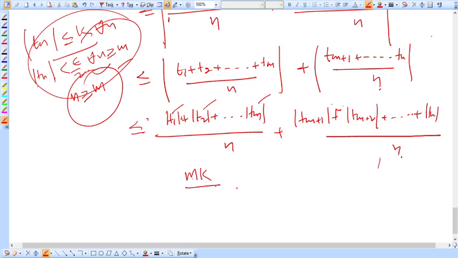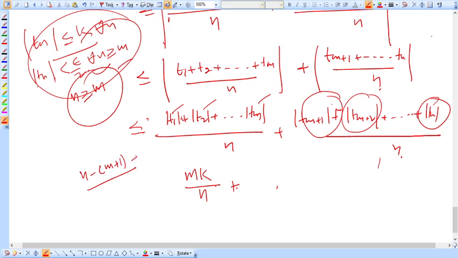So mk divided by n, plus all these terms, when n becomes greater than m, they are less than epsilon by 2. So we are going to write epsilon, the total number of terms is n minus m plus 1 plus 1, so this cancels, so we have total number of terms n minus m times epsilon by 2 divided by n, right?